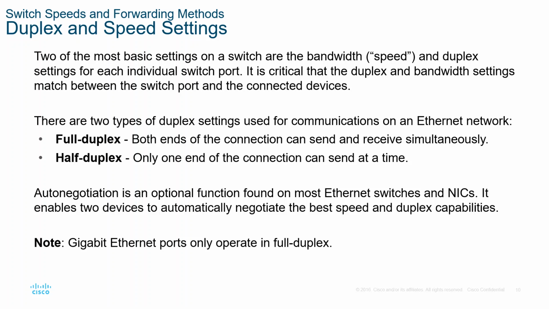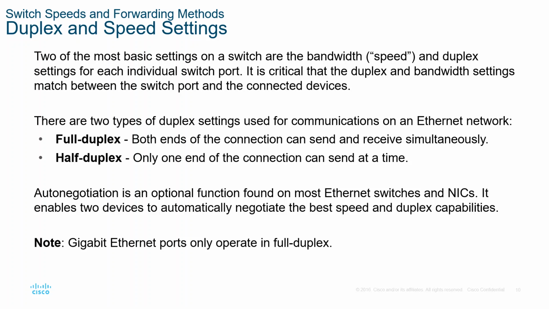There are two types of duplex setting used for communication on an Ethernet network: full duplex and half duplex. For full duplex, both ends of the connection can send and receive data simultaneously, and in half duplex, only one end of the connection can send at a time.